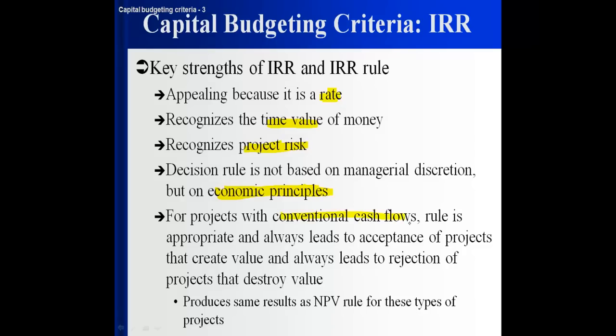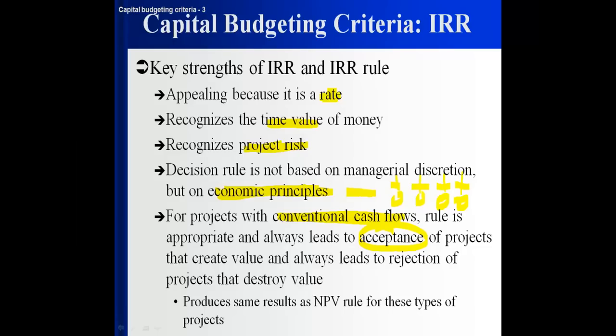If you have conventional cash flows, and again remember that's negative at time 0 because that's when you put in your investment, and then after that all the cash flows are positive or 0 with at least one positive, then the rule always leads to the right decision. If you have a project that would create value, it will have a higher IRR than the cost of capital and you'll accept it.